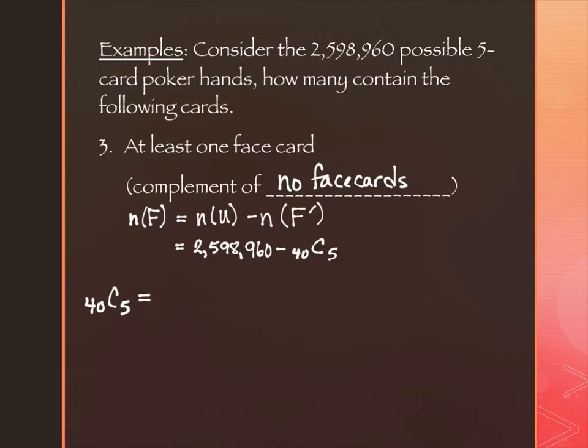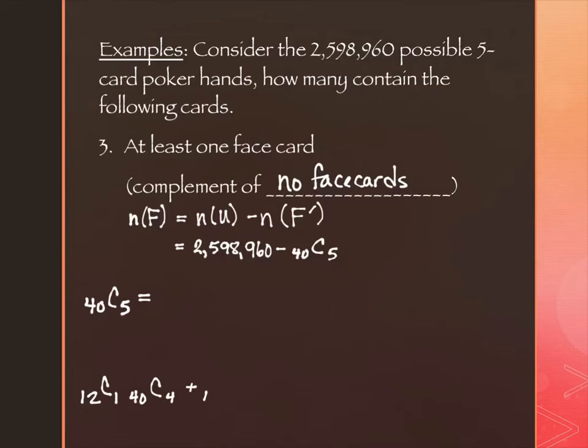Yeah, but the problem is that you're going to have to figure out how many hands would have 1 face card, and 2 face cards, and 3 face cards. That's why we would have to do the 5 different cases. And not only would you have to do 5 of them, but all 5 of them would be more complicated. So let me just show you a couple of them so you can see what would happen. There's 12 face cards, and you'd need to choose 1 of them. But of the other 40 cards, you'd need to choose 4.